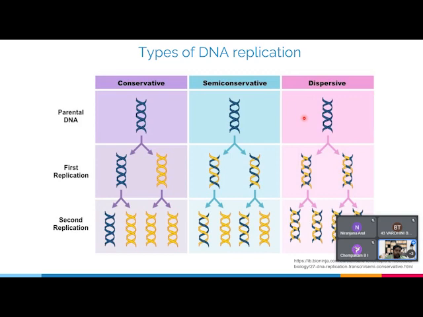Way back, we did not have any idea which type of DNA replication was the correct one. There were various experiments being done, but one of them was the seminal experiment that actually defined what exactly the type of DNA replication is. So can anyone tell me who the scientists were who did the experiment?